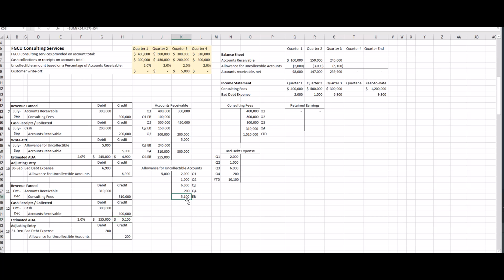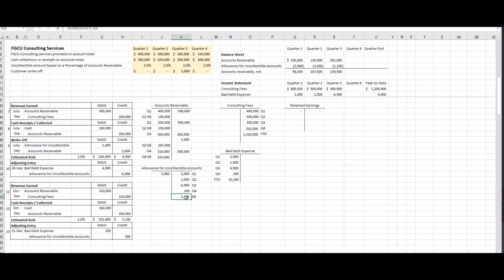We debit bad debt expense for $200 and credit allowance for uncollectible accounts for $200. Once the amounts are posted to the general ledger, the bad debt expense for the quarter was $200, and for year to date, it is $10,100. The allowance for uncollectible account balance is now $5,100.